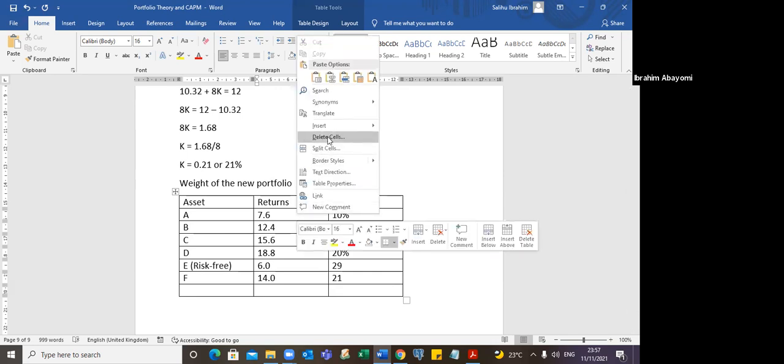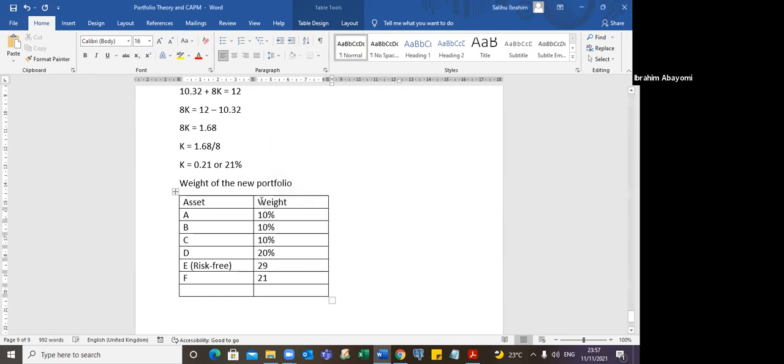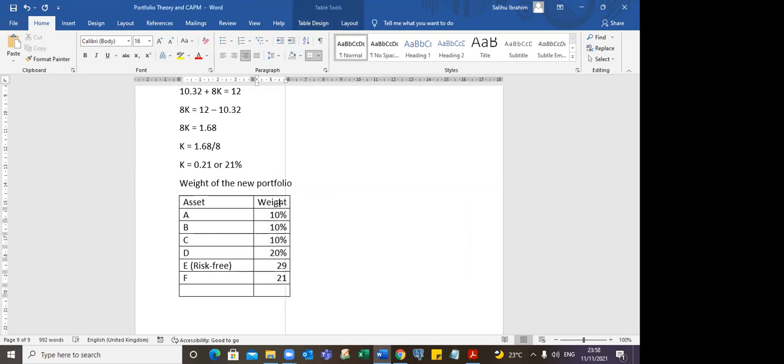I only need the weight. So I can just straighten this one here. This is also a percentage. If you add everything together, you're still going to have 100%.